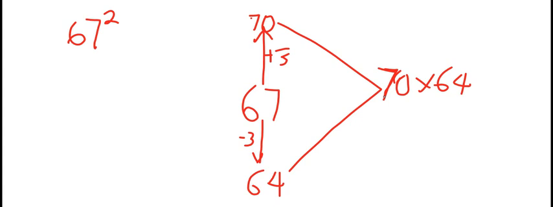Because I'm going to multiply 7 times 64, I'll first do 7 times 60, or 7 times 6. And I know 7 times 6 is 42, so I'll call it 420 in mind. Then quickly do 7 times 4, and 7 times 4 is 28.